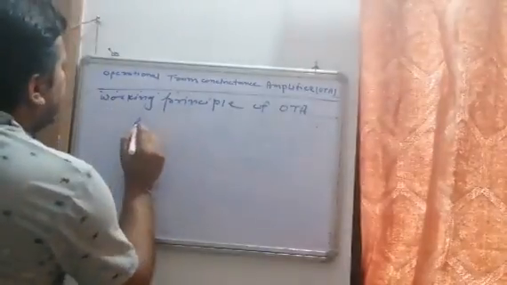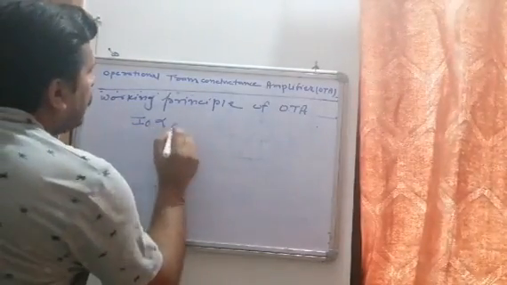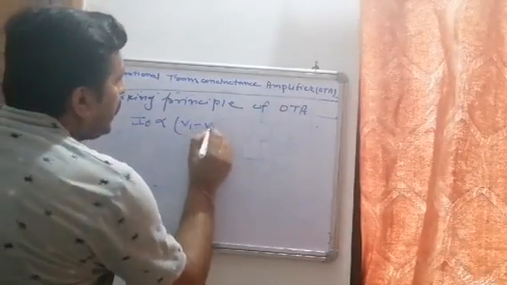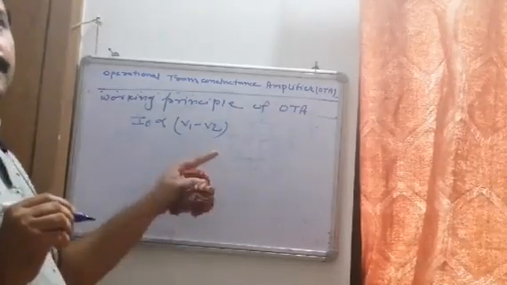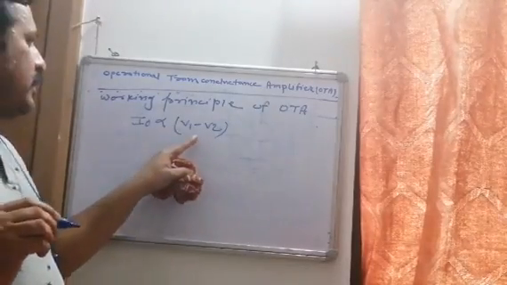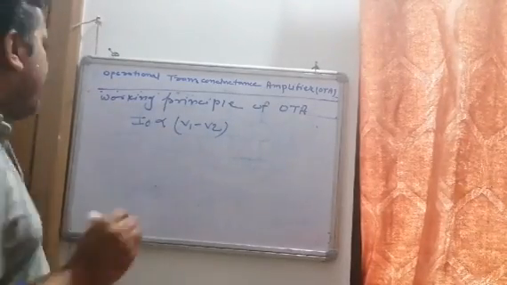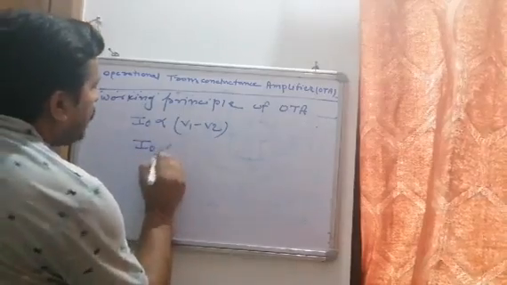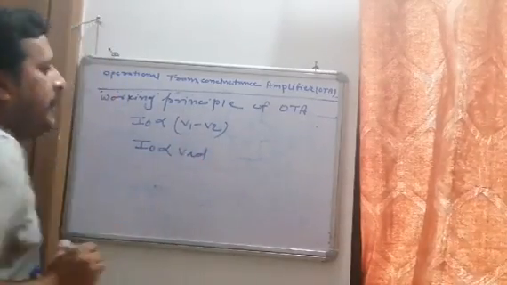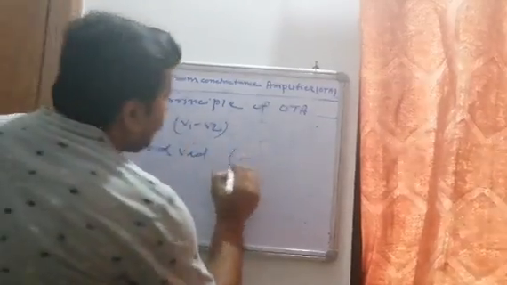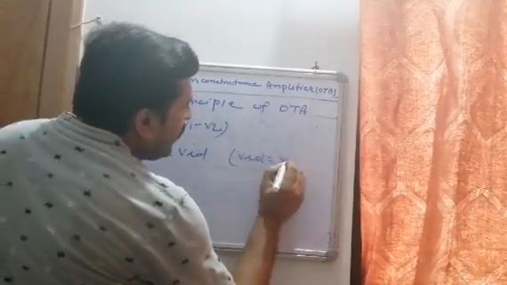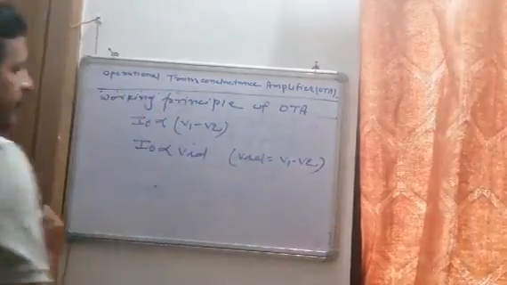So I can say I naught is proportional to V1 minus V2, where V1 and V2 are the input voltages, or we can say I naught is proportional to VID, where VID is V1 minus V2.